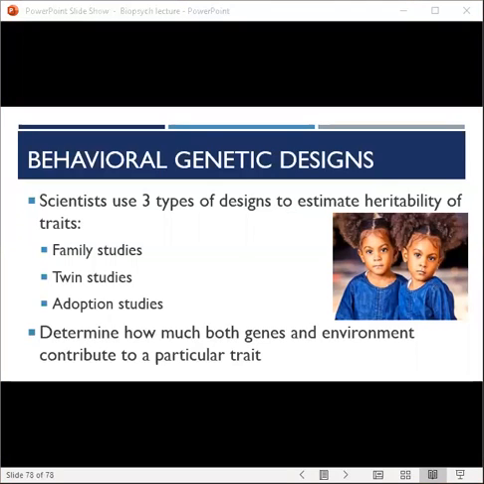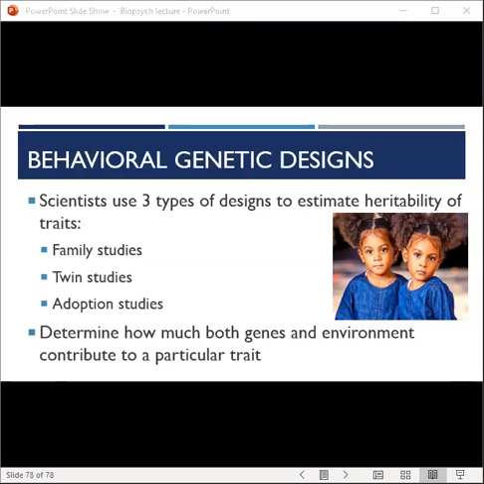The problem here, though, is that in addition to sharing genes, family members also share an environment. So it makes it really difficult to separate out the effects. Is that kid aggressive because they are genetically predisposed, or because their parents are aggressive and then that's what they've learned how to do? So family studies are challenging in that sense.